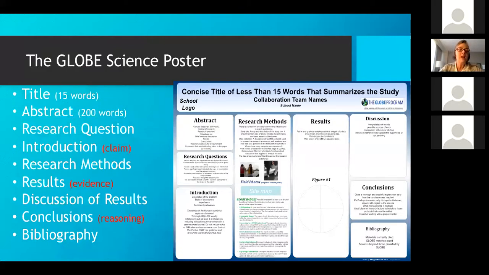The second column here is probably going to be a little bit longer because it's all about the research methods, what the protocols were, when the data was collected, how it was collected. And I want to mention Globe badges there at the bottom of the column.